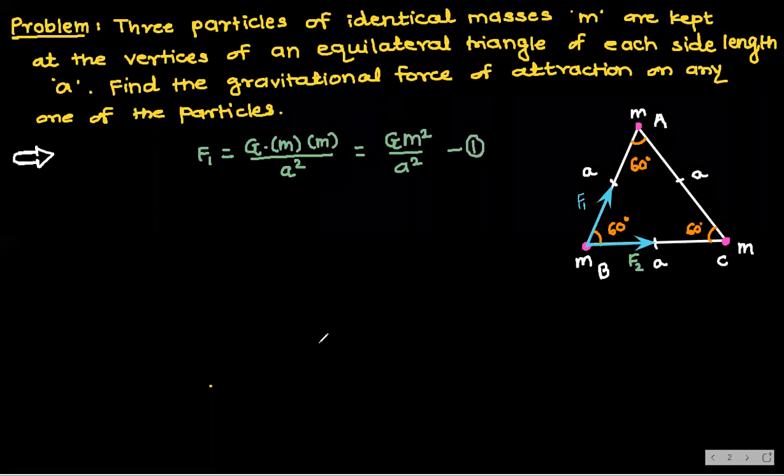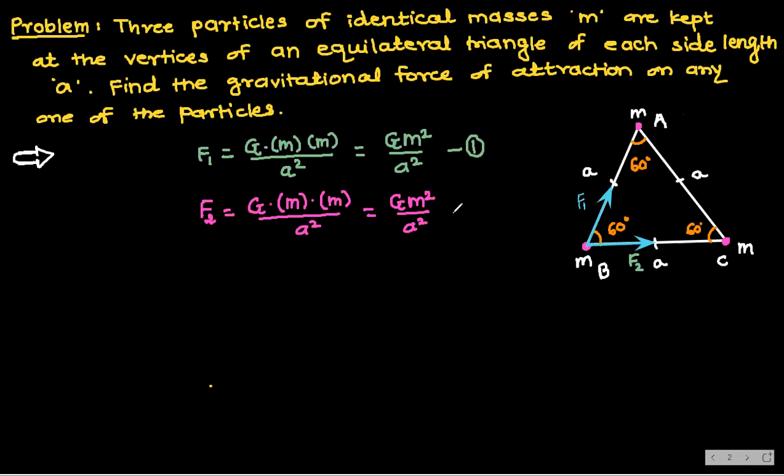Now F2 is equal to G into M into M by a square. So this is also the same, GM square divided by a square. Call this equation number 2.